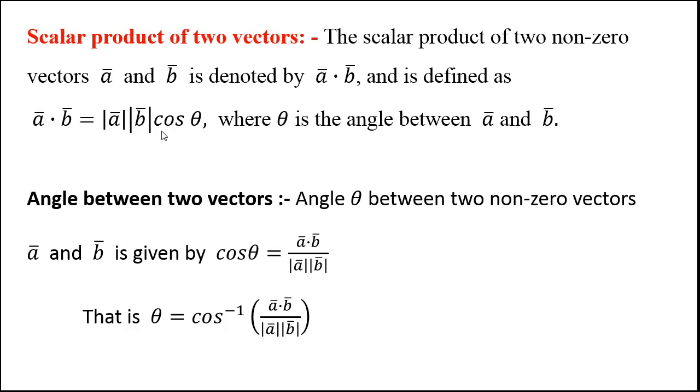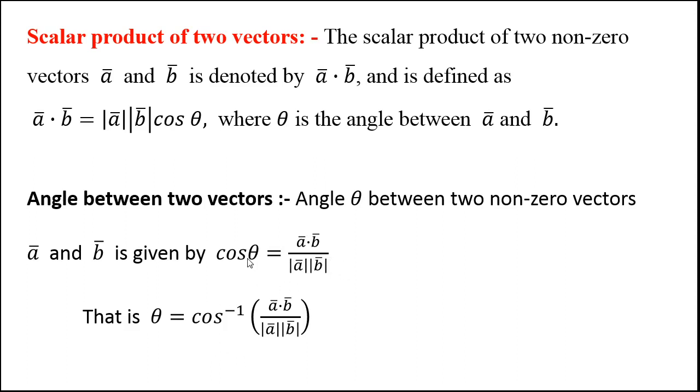Now we can write this formula as cos theta is equal to a bar dot b bar upon ab, or magnitude of a bar into magnitude of b bar. So using this formula we can find the angle between two vectors a bar and b bar, but for that we have to find their dot product and their magnitudes.